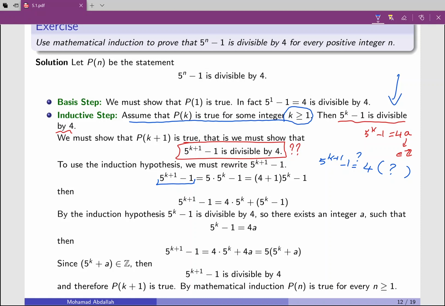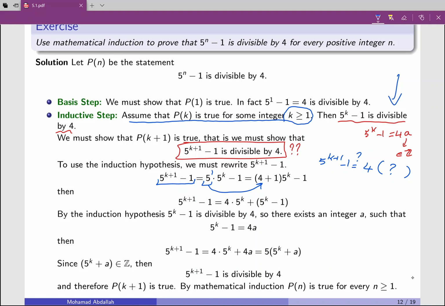So somehow you need to create 5 to the power k. I know that 5 to the power k plus 1 can be written as 5 to the power 1 multiplied by 5 to the power k. But I need 5 to the power k minus 1 to be together. So that's the trick. Instead of 5, I write 4 plus 1.